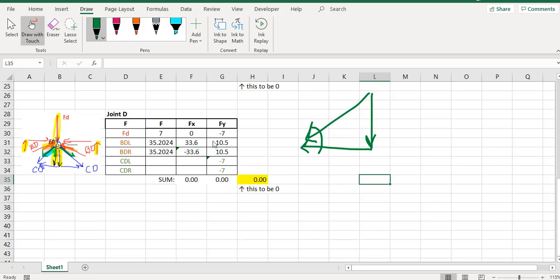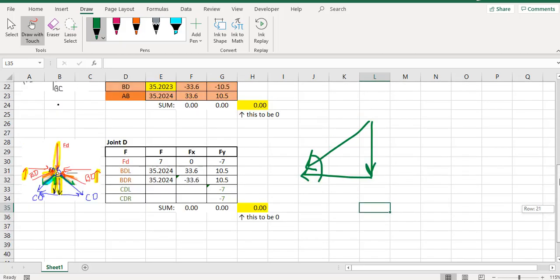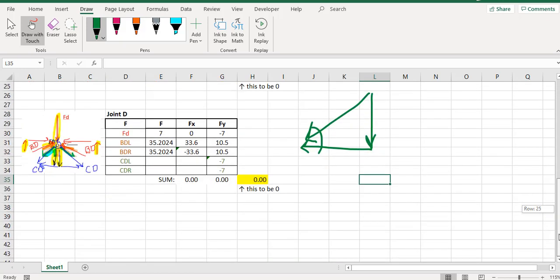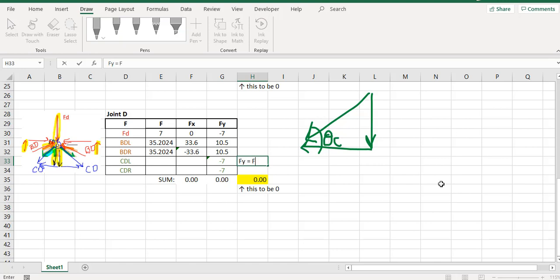In this case, the angle was, we called it theta c over here. So if we know one piece of this triangle, Fy equals F times sine theta c, then I can get the rest of it, right?